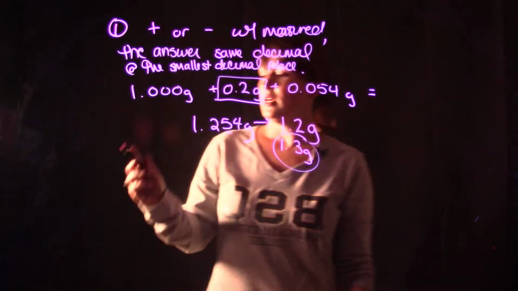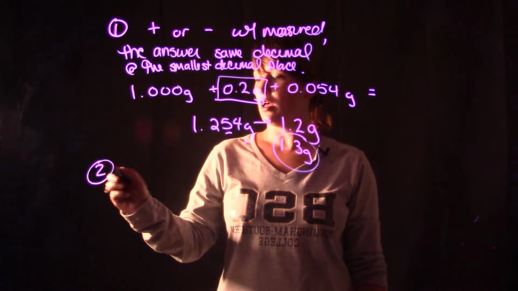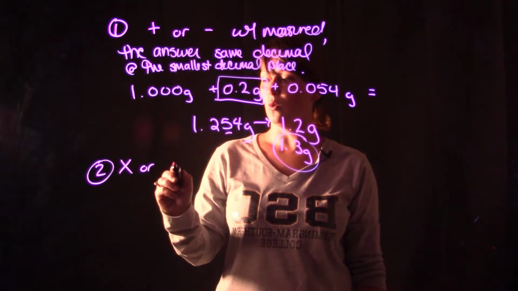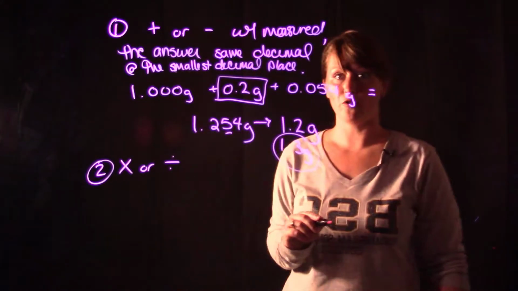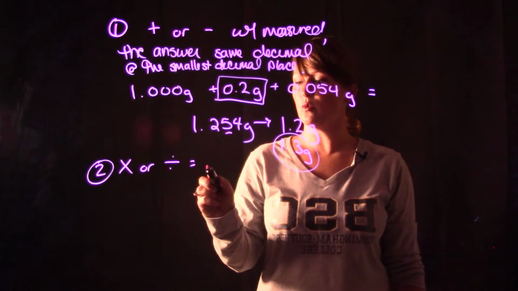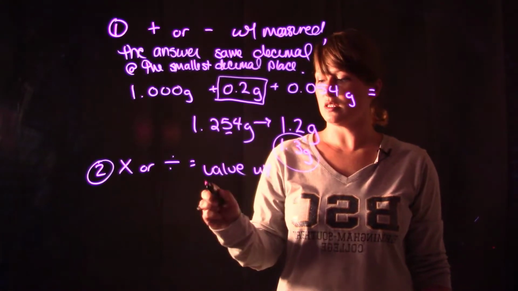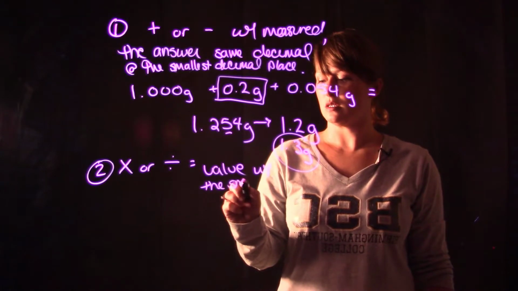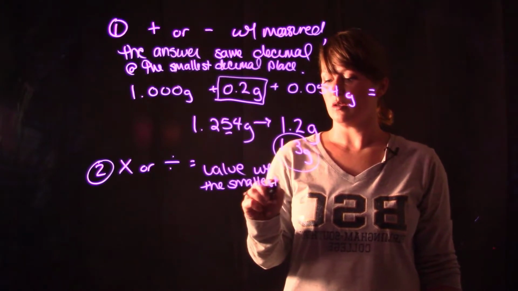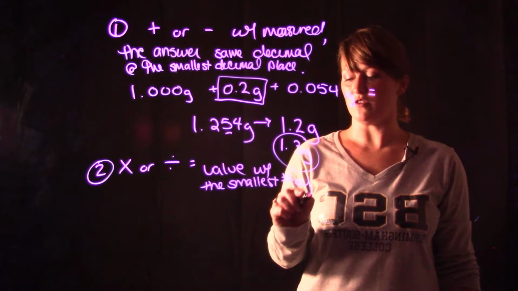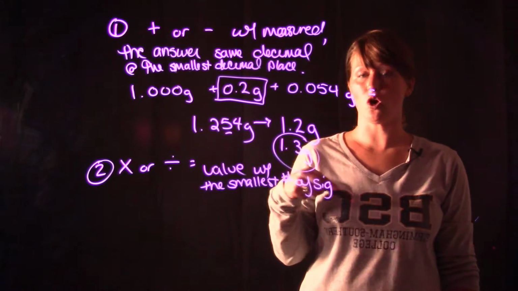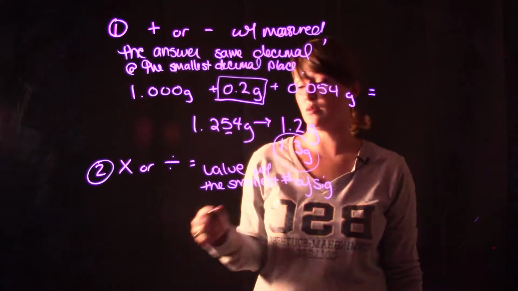Okay? When we are multiplying or dividing with measured values, then we use the value with the smallest number of sig figs. So in this case, we go by the sig figs, not the decimal place.